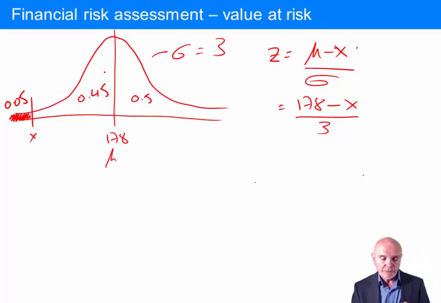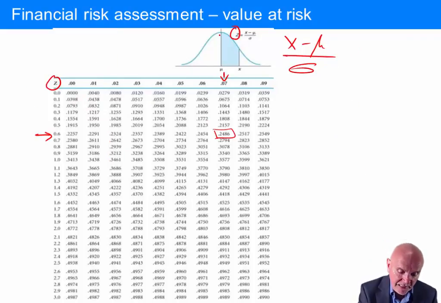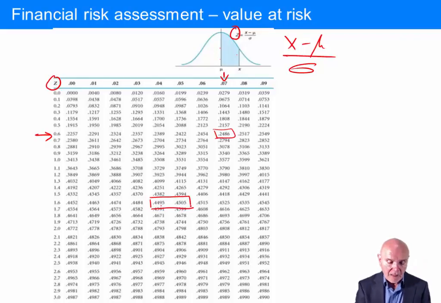If you look at the tables, it's the area from the mean up, and from the mean down. So basically we want 0.45. So you look in what I call the body of the tables. There's 0.4495, and there is 0.4505, and we're more or less bang on in between these.